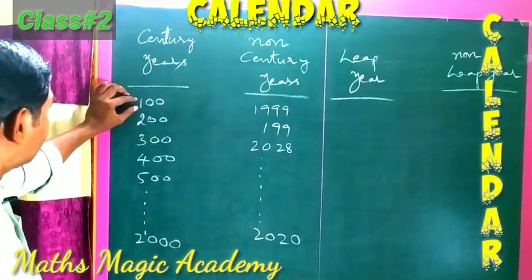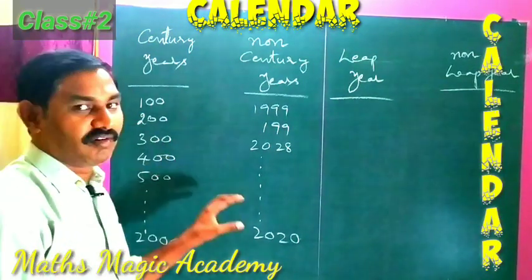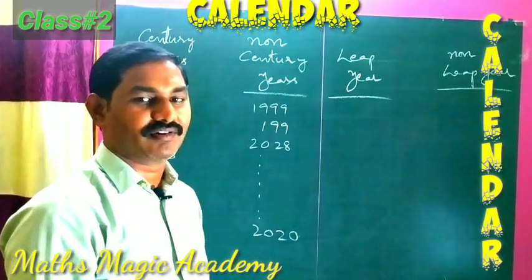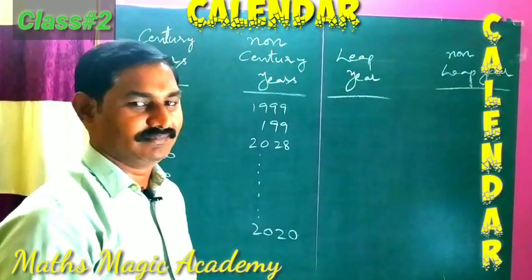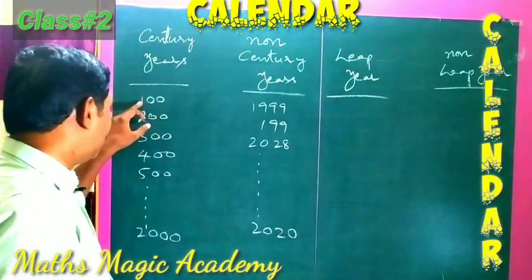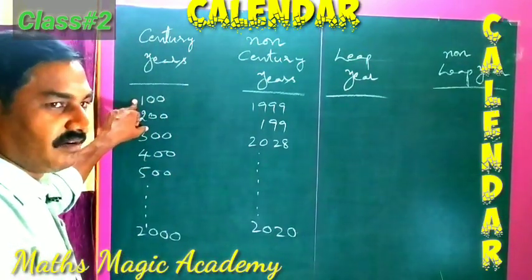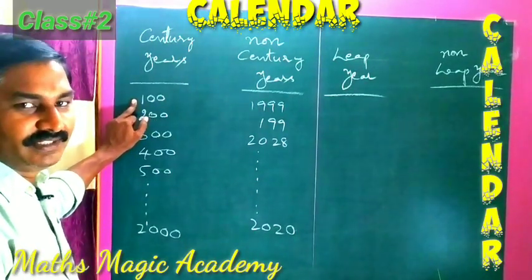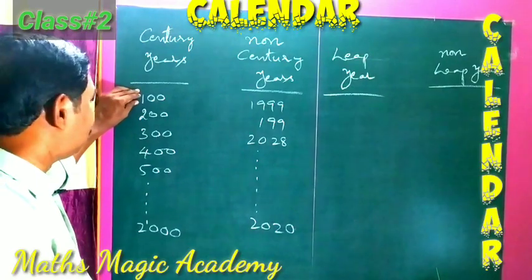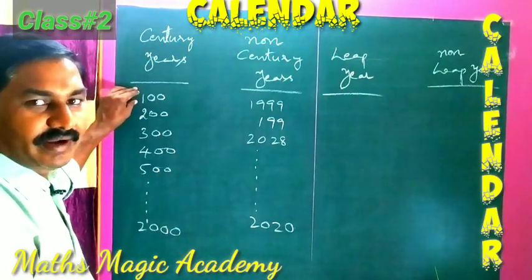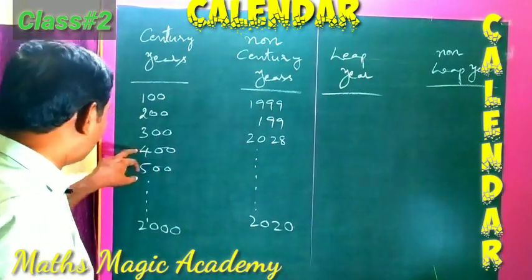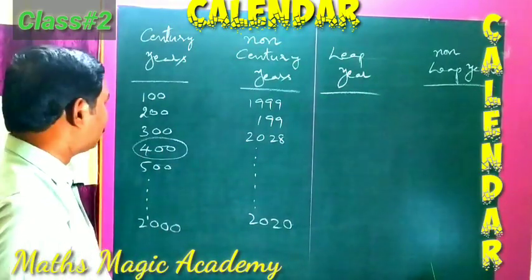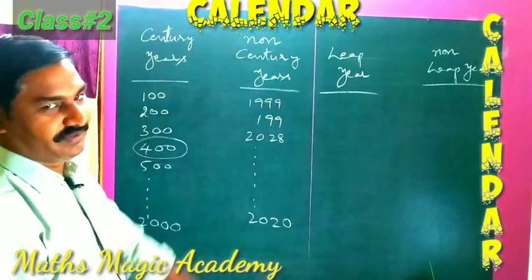Here, century years which are not divisible by 400, or which are not a multiple of 400, are called non-leap years.